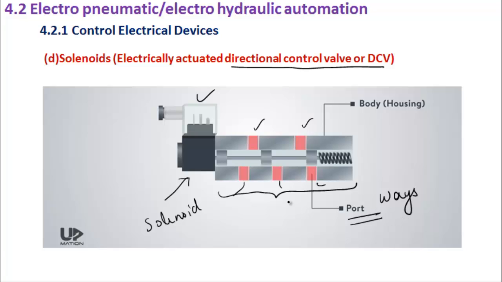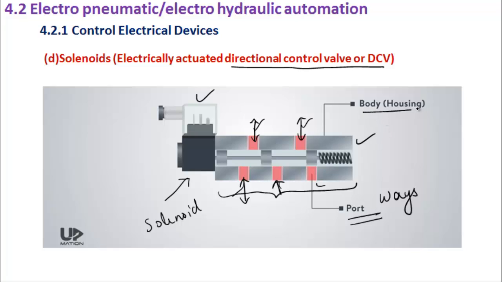Why are they called ports? Because the fluid may enter or come out through these ports. Here also it may either go out or enter, based on how we are going to use this particular valve.